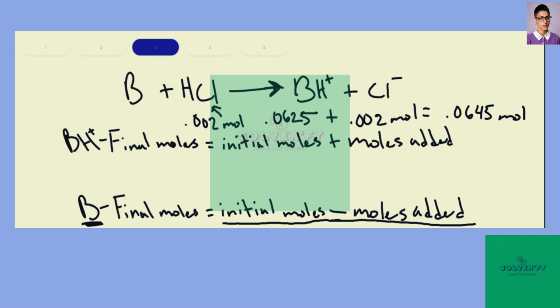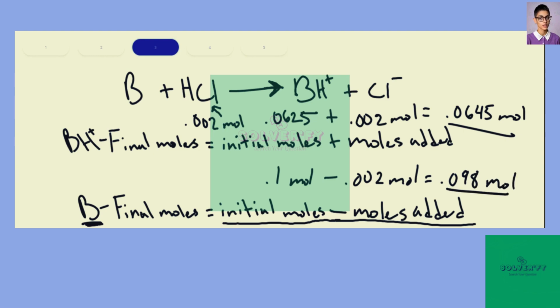Pretty simple, pretty straightforward. So that's our final moles here. And then for the base, we have 0.1 moles, and we subtract 0.002 moles, and that equals 0.098 moles. And that's our final moles for the base.